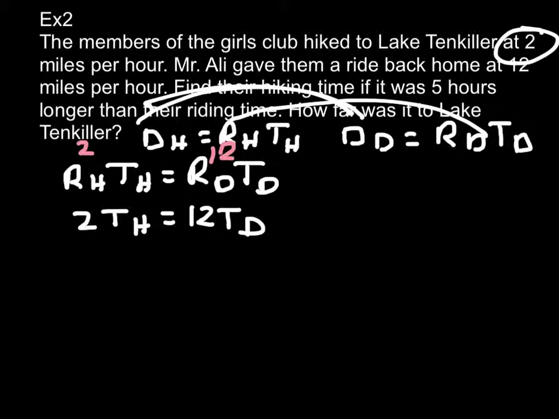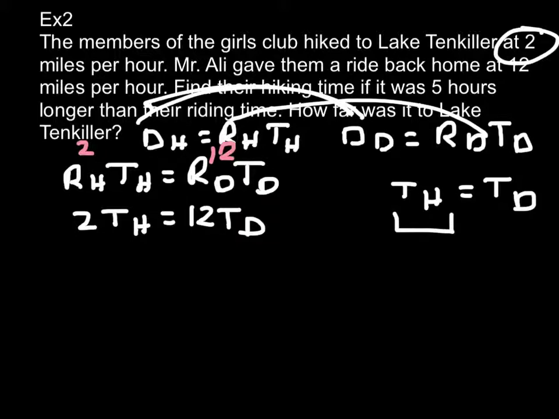What else do we know? Find their hiking time if it was 5 hours longer than their riding time. So in other words, let's make this side balance. I know that the time hiked does not equal the time driven, right?